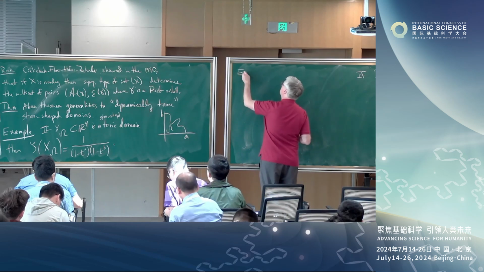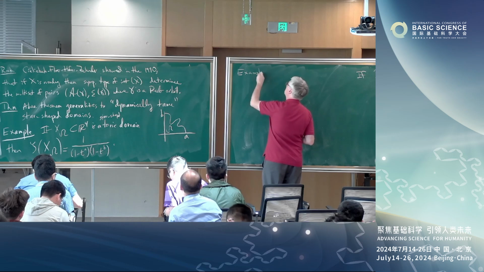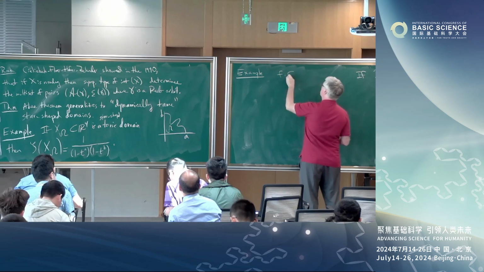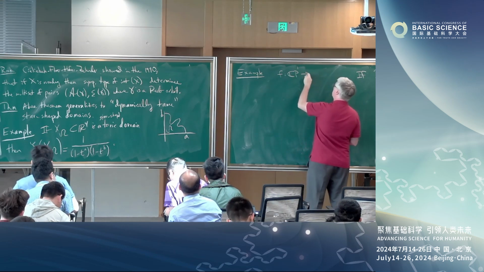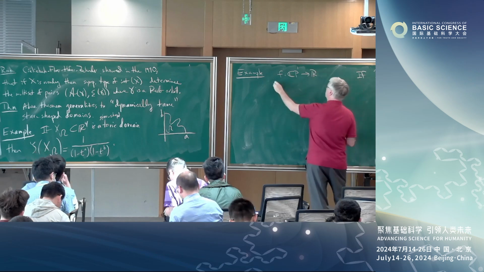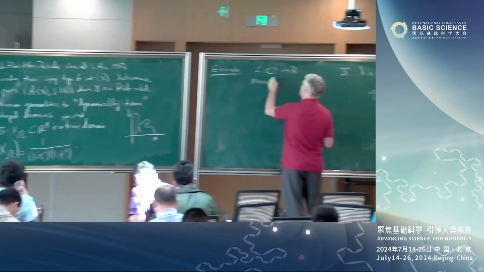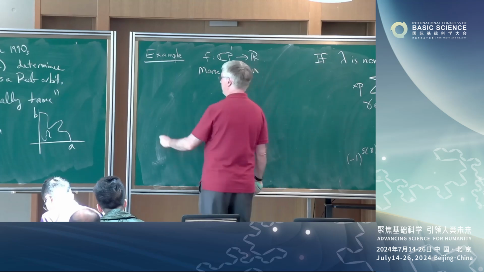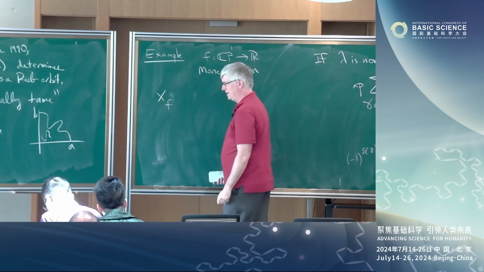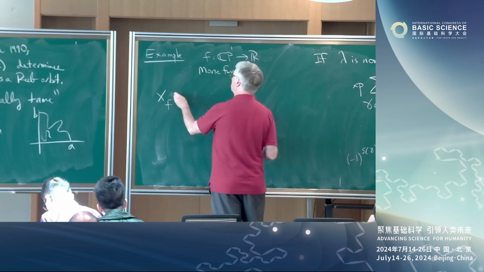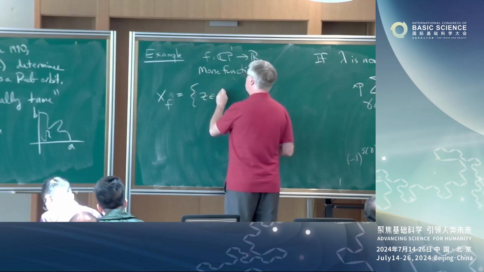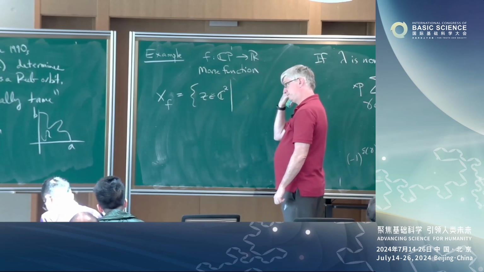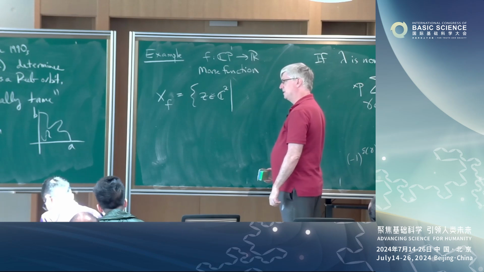Another example. Let's define a function f from CP^1 to R. Let's take this to be a Morse function. Let's define X_f. I'm probably using the letter x too much. So this will be the set of z in C^2 such that, let's see, how do I want to say this?